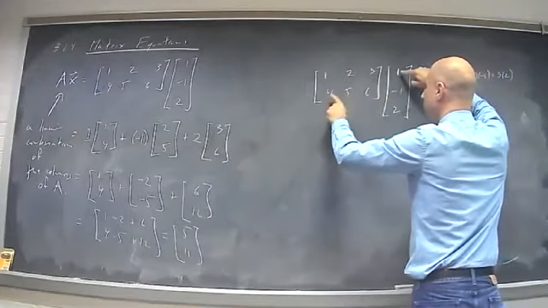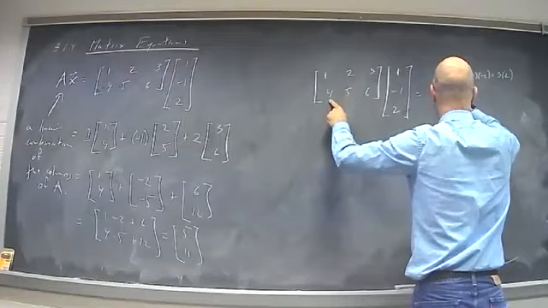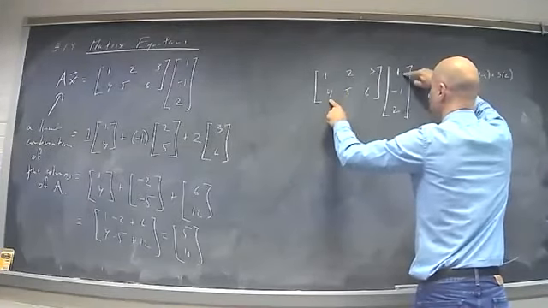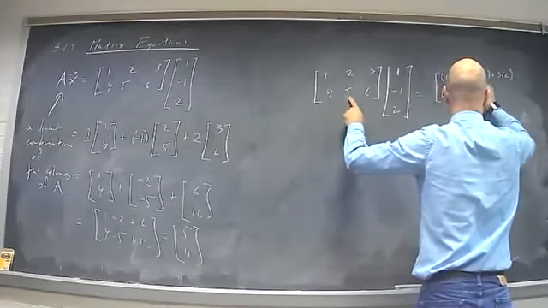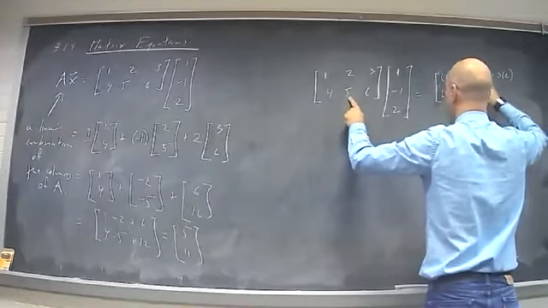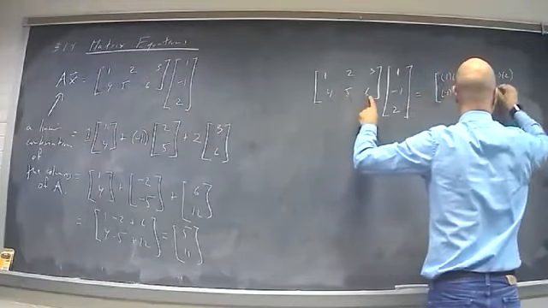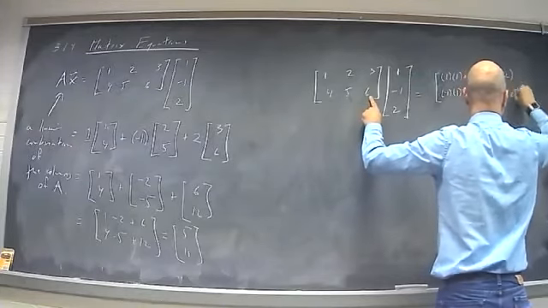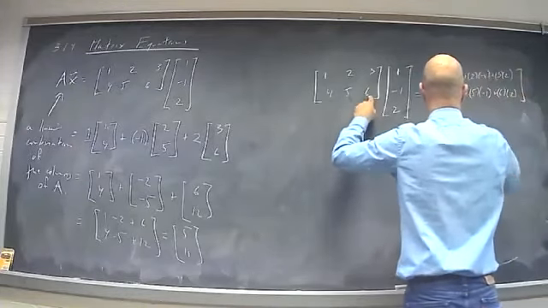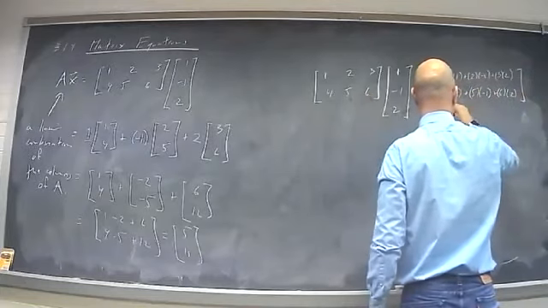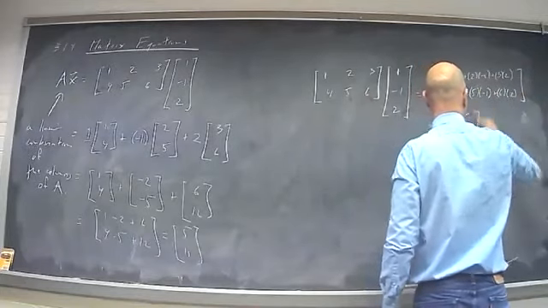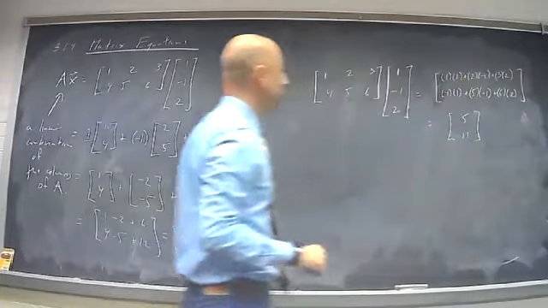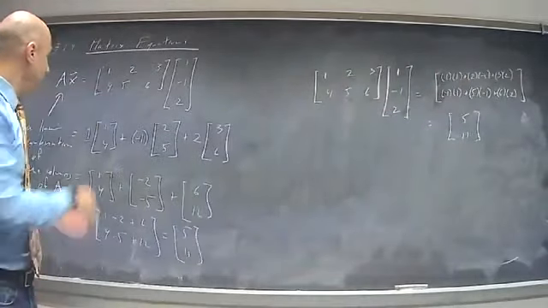And my second entry is going to be 4 times 1 plus 5 times minus 1 plus 6 times 2. In other words, if I do the arithmetic, I get 5, 11. But it saves me a bunch of writing.